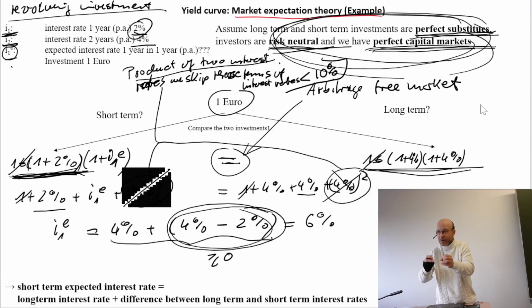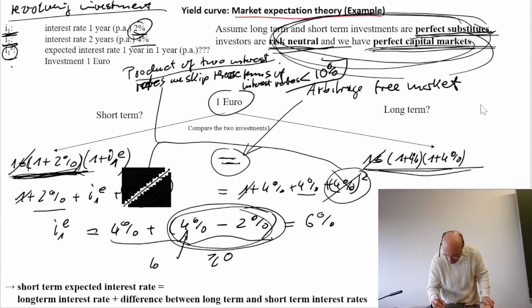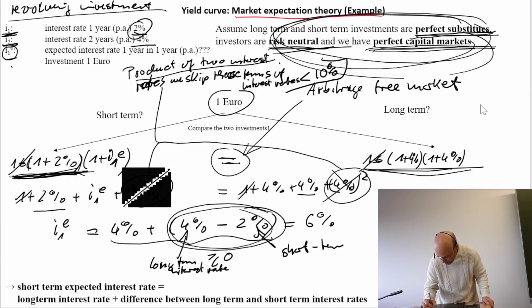Well, and then what do we find in this bracket? This is the long-term interest rate. And this is the short-term interest rate.